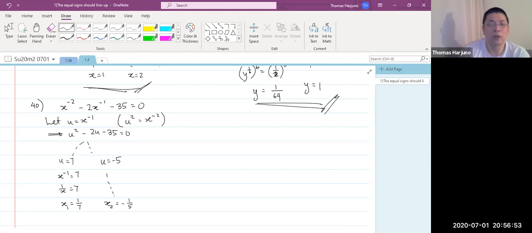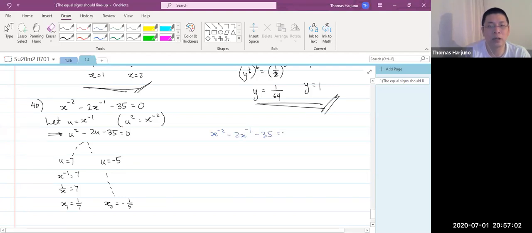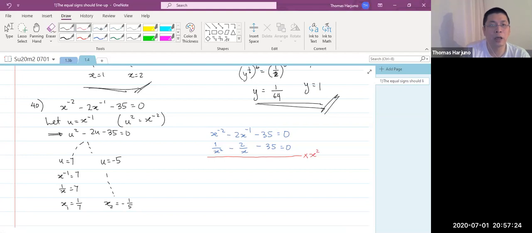Now that's the first method. What is the other method, Thomas? It happens that this is solvable as a rational equation. So this is 1 over x squared minus 2 over x minus 35 equals 0. Then I multiply by the LCD, x squared, and I get 1 minus 2x minus 35x squared equals 0.